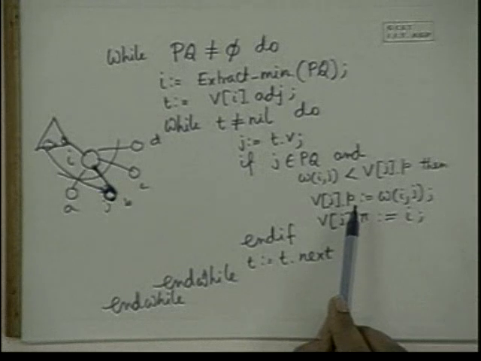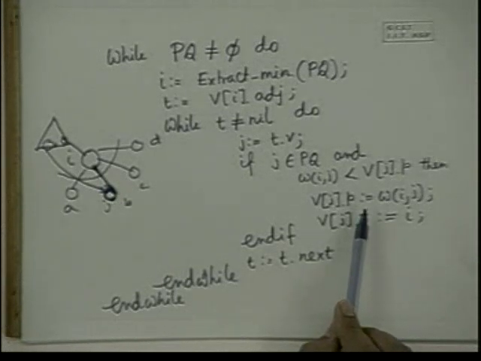Yes. Then in the initialization, when we add i with priority vi dot p to pq, do we put only the value k or all of them? No, you have to put all the vertices in the priority queue. All the vertices have priority infinity except the vertex k, which has priority 0. Every other vertex has initially the priority infinity.